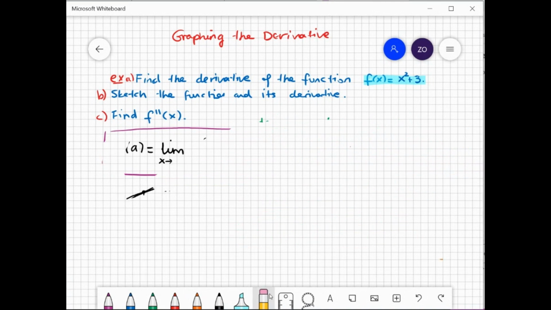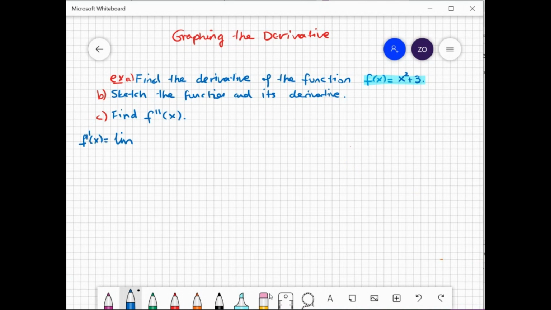So we would like to find the derivative of this function, which I just highlighted in aqua color, x squared plus 3. We will apply the formula which I just erased, so we can note that down again. The limit, what was that formula?